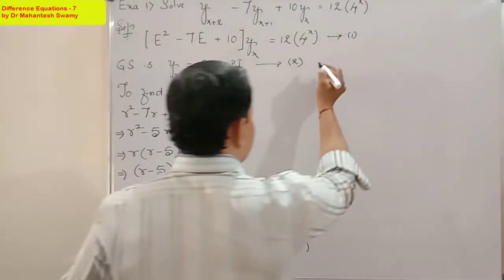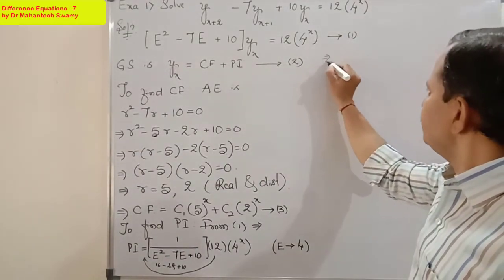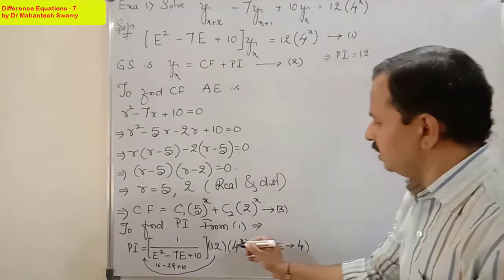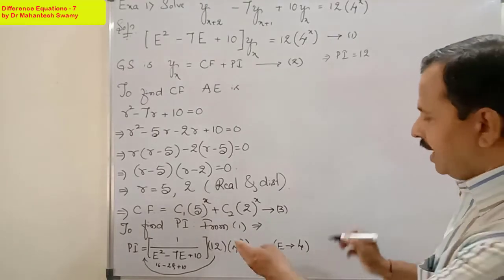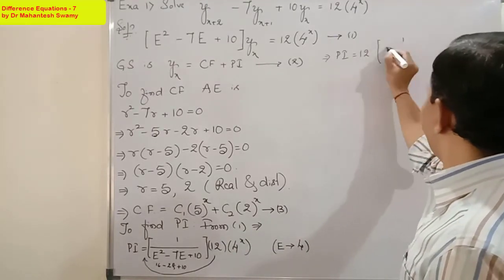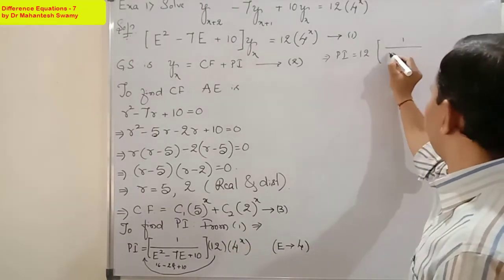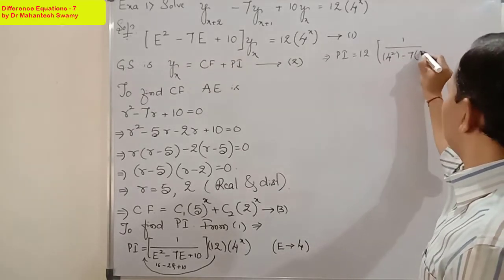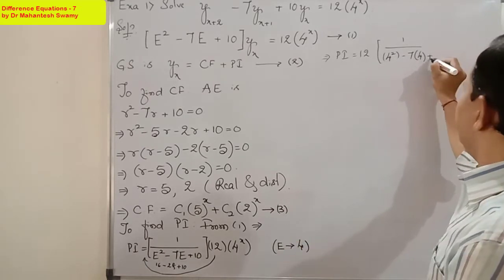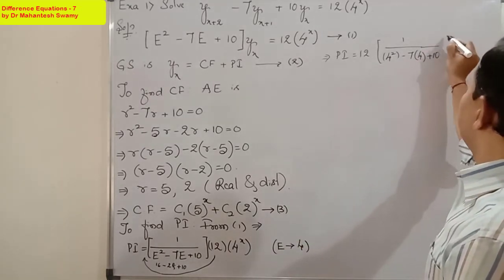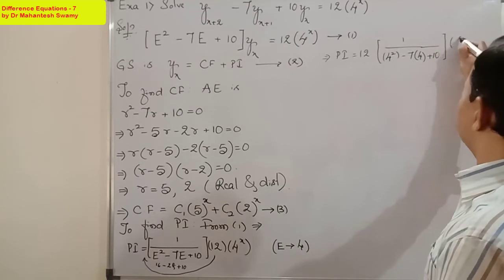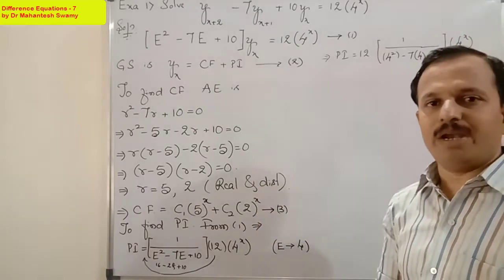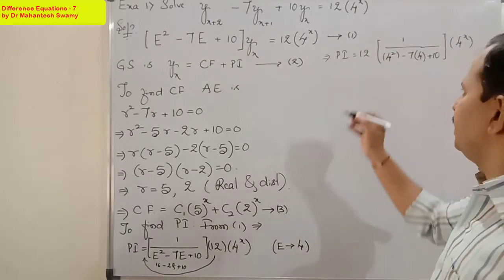That is, the particular integral equals 12 taken to the extreme left, and in the bracket, wherever E is there, we write 4 squared minus 7 into 4 plus 10, and the remaining 4 to the power x remains as it is. So this is the first technique I have explained, which we have used here.